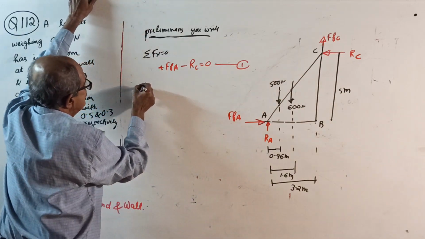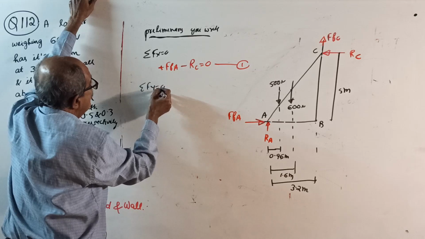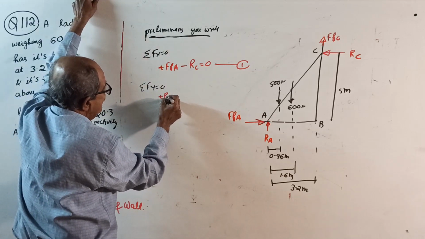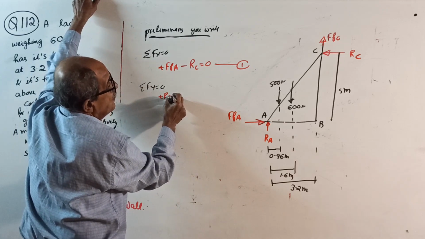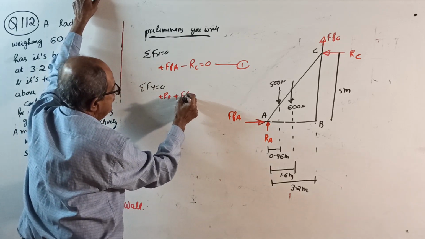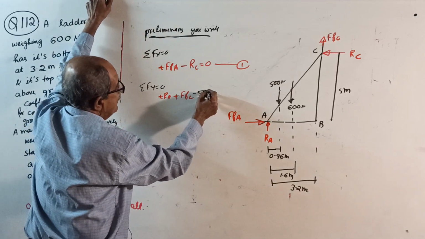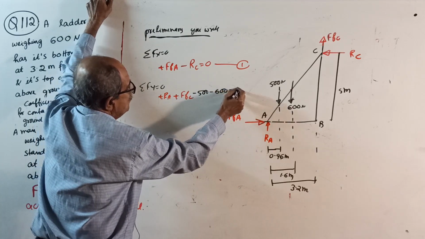Then sigma Fy equal to 0, take upward positive. I won't waste time on that one. Plus RA, then plus FC, RA plus FC minus 500 minus 600 equal to 0.